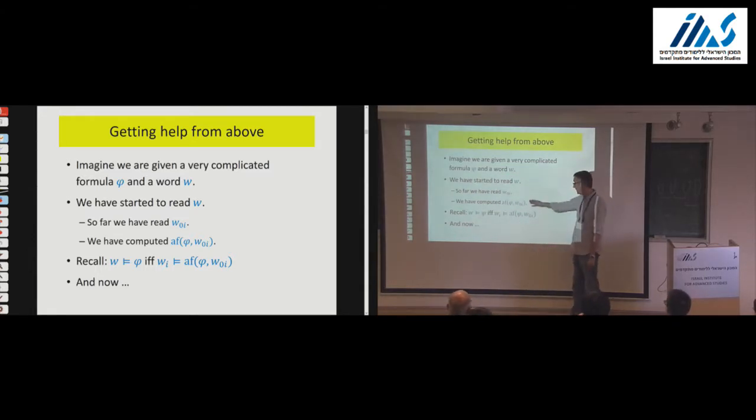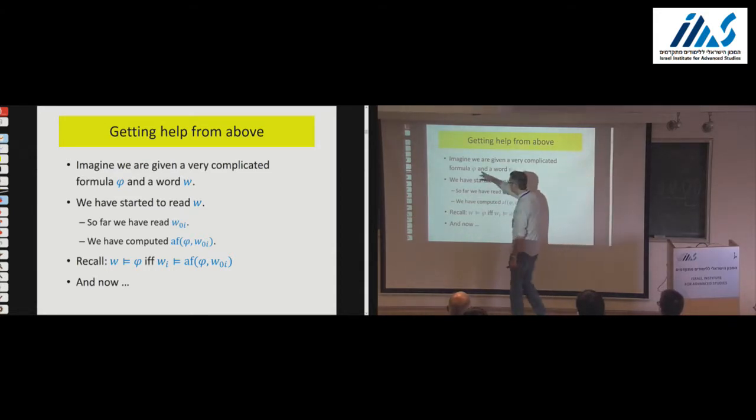And recall, the word is going to satisfy the formula if and only if the remaining suffix satisfies this formula. Well, the formula is very complicated. It doesn't fit in any of the fragments that we have seen so far. And actually, Moshe is leading us, right? And even he doesn't have a clue about how to check this formula, right? And then now something happens.